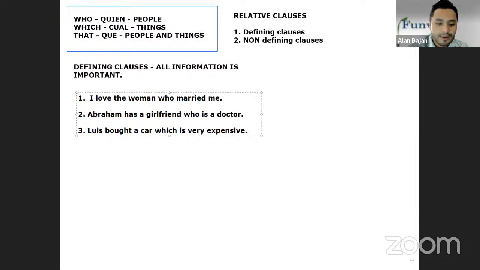And again, we have the same words here. Who, which. Let's see an example with that.